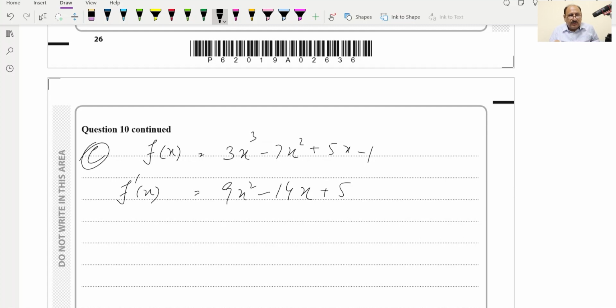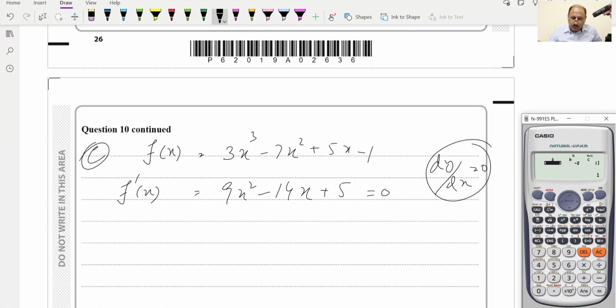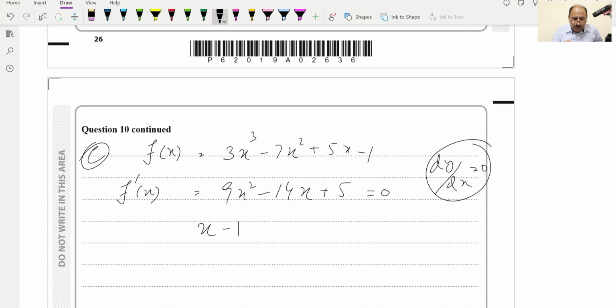So this is the derivative which we have taken, and we put dy by dx equal to 0 for the turning points, so we can factorize this quadratic equation. The coefficient of x squared is 9, the coefficient of x is minus 14, and the constant is 5. So this gives us x minus 1 and 9x minus 5 equal to 0.